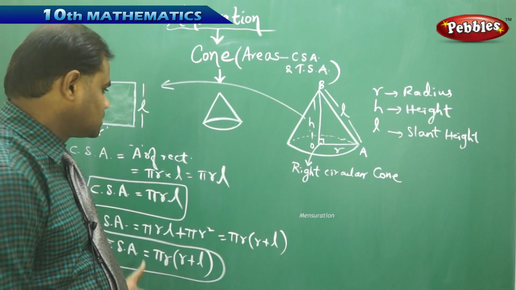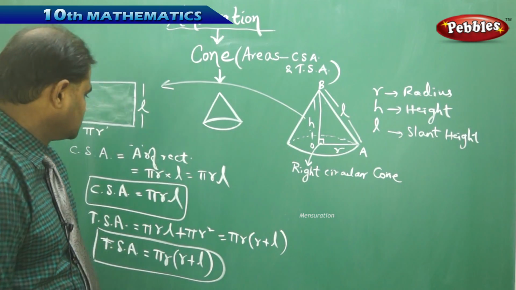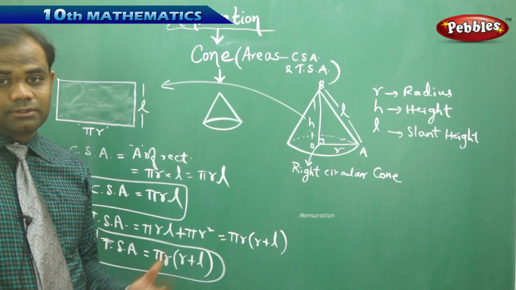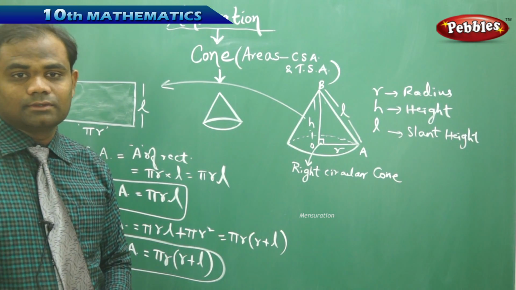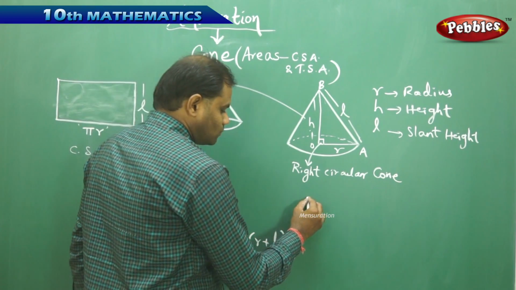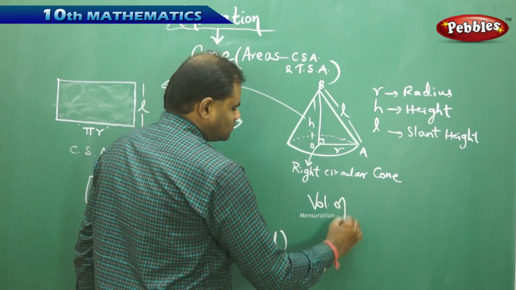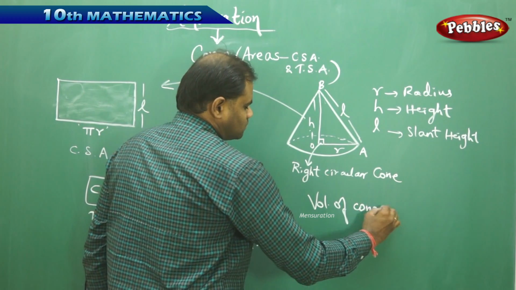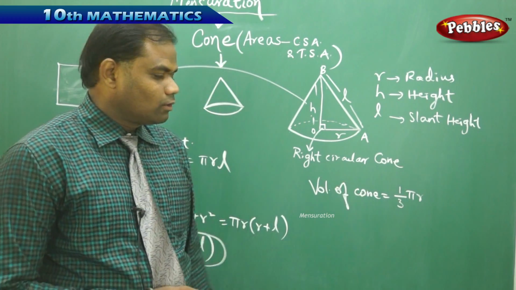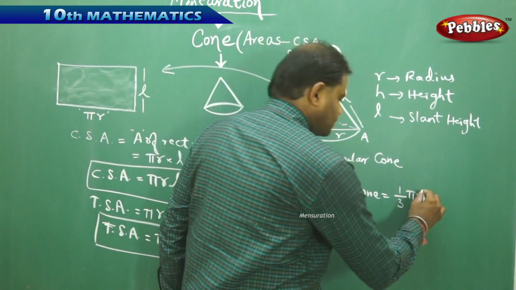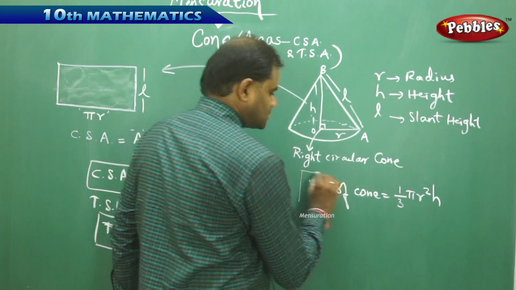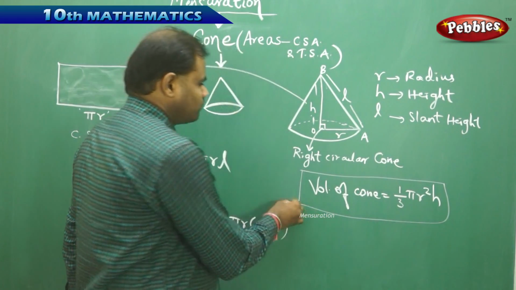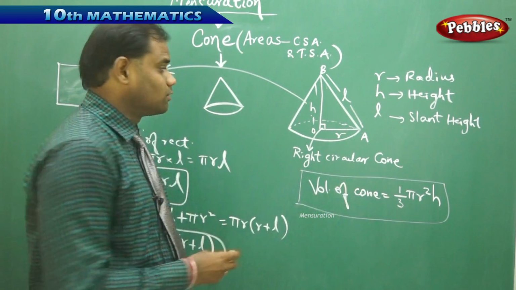So the curved surface area and TSA are the different areas which exist in the cone. Similarly, the volume. Now what is the volume of a cone? The volume of a cone is given as 1 by 3 pi r square h. This is the formula for the volume of a cone, which is obtained from a cylinder.